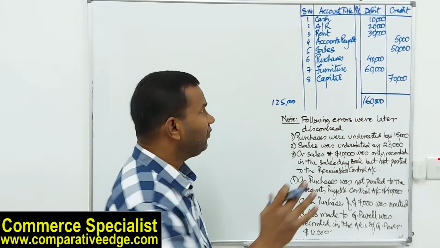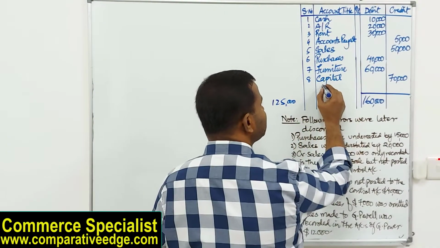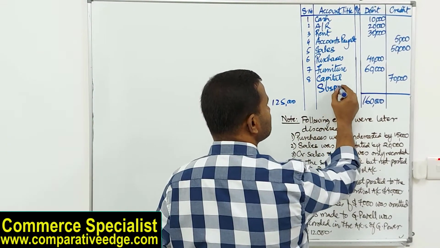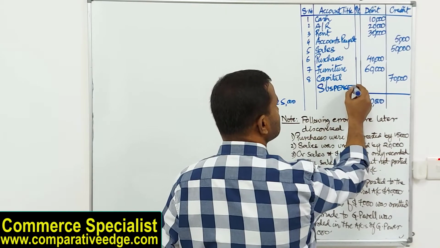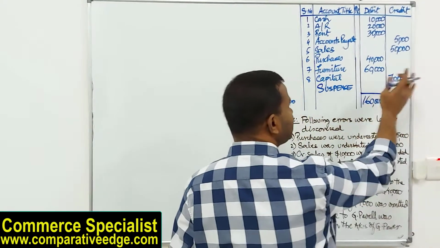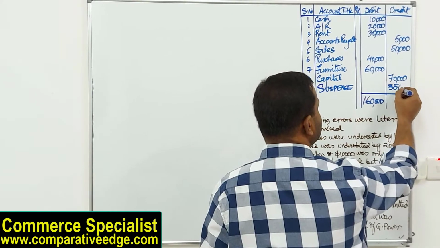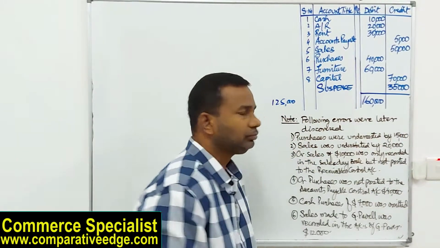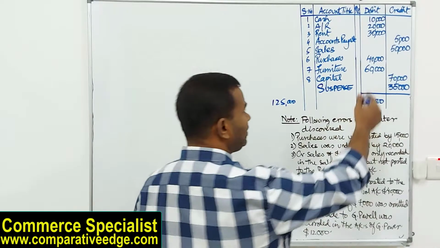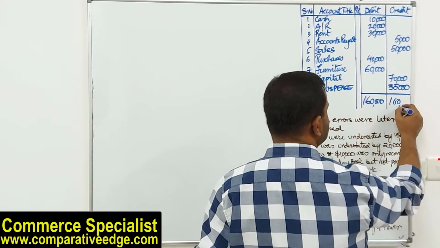This 35 I'm going to put as suspense. Whichever side is lower, I put suspense at the lower side, which is 35,000. As a result, it balances now at 160.